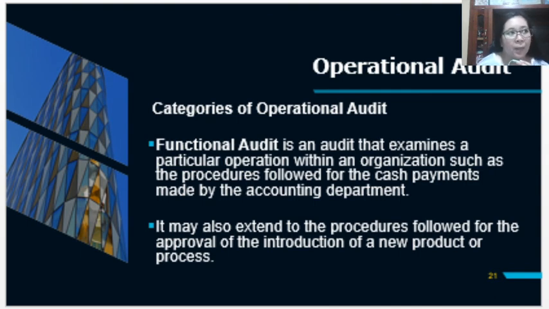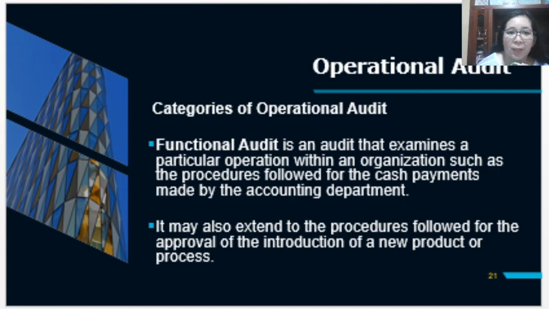So meaning the auditor will determine if the function described for a particular department is really followed and the work is done according to their task description. Okay, so that's how functional audit is performed.